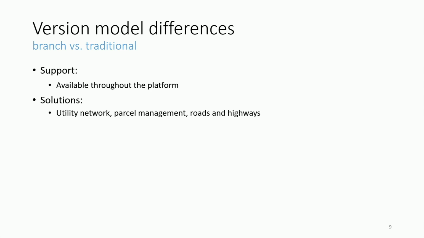The same thing with our parcel management technology, as well as things such as roads and highways. So this is a purposeful shift that we're doing internally because of all the advantages that we see with branch versioning over traditional versioning. We're not even taking the time with our new development, new data sets being developed, to make them run on traditional versioning. We're trying to encourage people to move to the new model, okay?